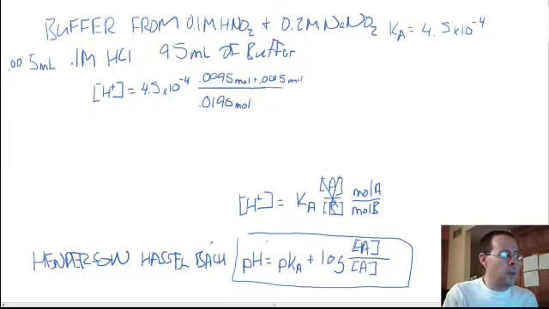And then likewise down here, if we're adding 0.0005 moles of acid, that's going to neutralize 0.0005 moles of base. So really this ratio is going to become 0.0100 moles divided by 0.0185 moles.